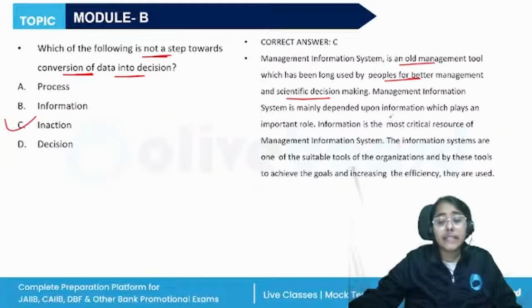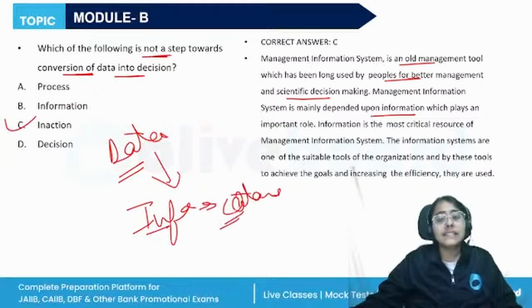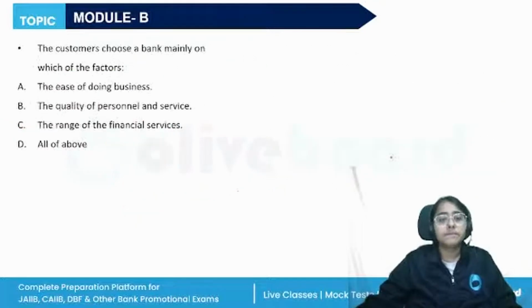It is dependent upon the information. So we have data, raw data, which is transformed into information, categorized, classified in a manner that can be retrieved easily by the managers for taking the important decisions.